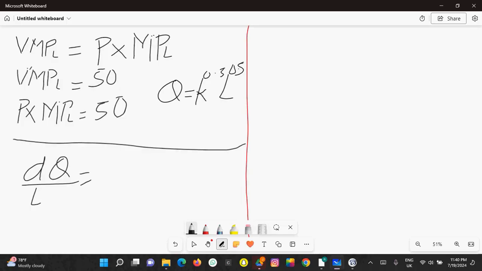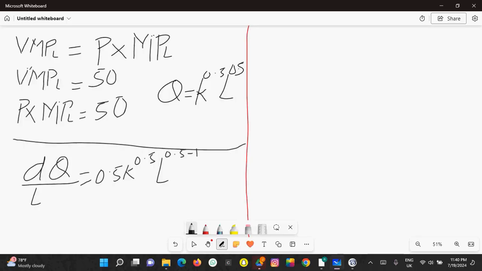So we are going to get 0.5 K raised to the power 0.5. Then L now will be 0.5 minus 1.